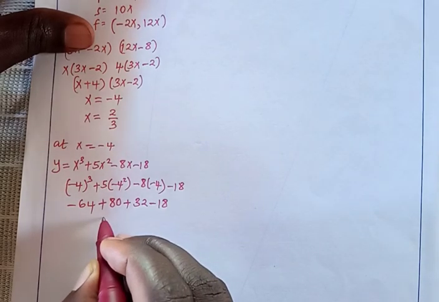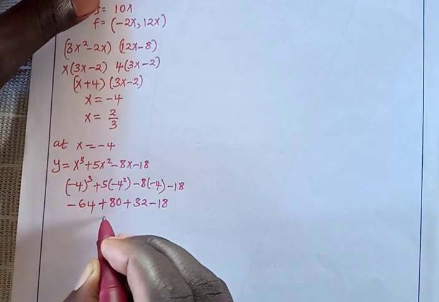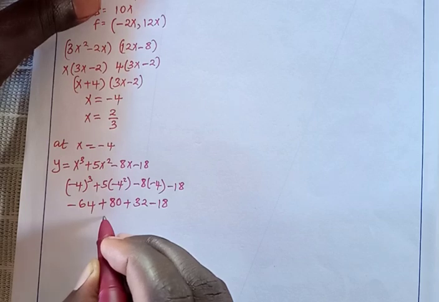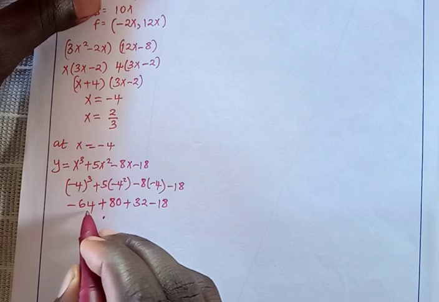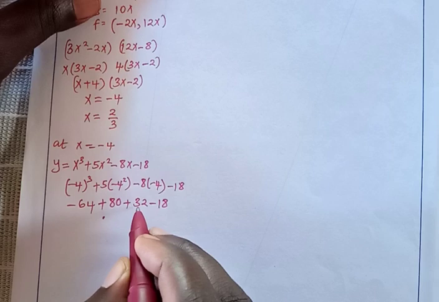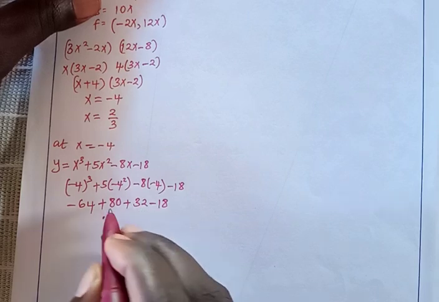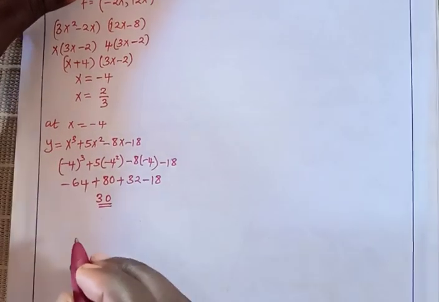If you insert this in your calculator, you will arrive at positive 30. Yes, this is positive 16. 16 plus 32 gives us 48, minus 18, we have 30.